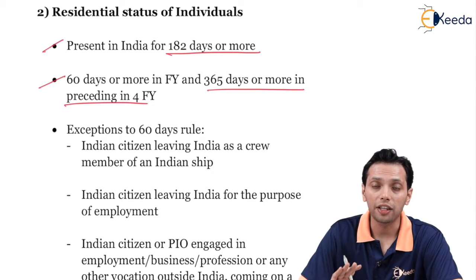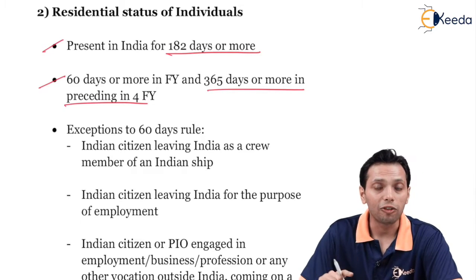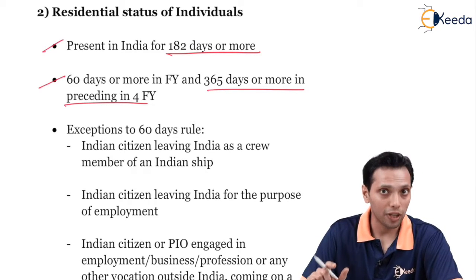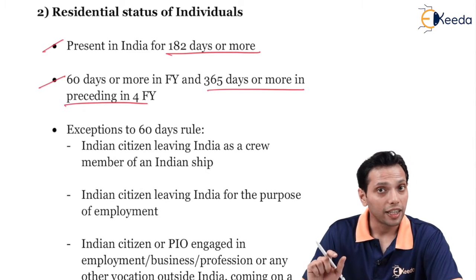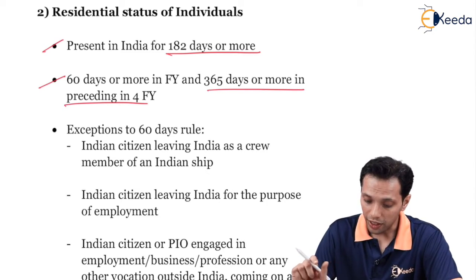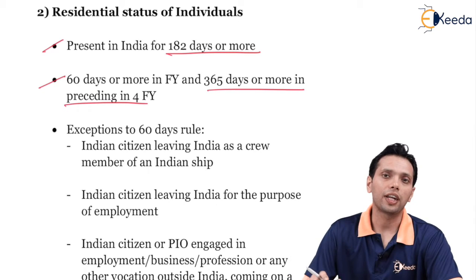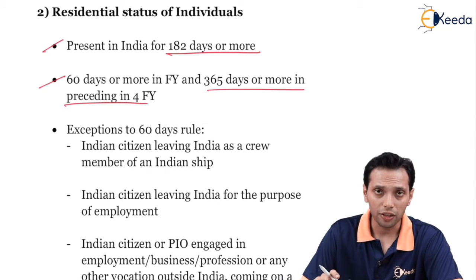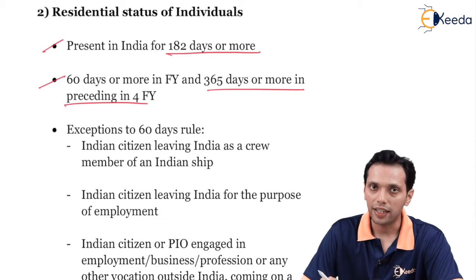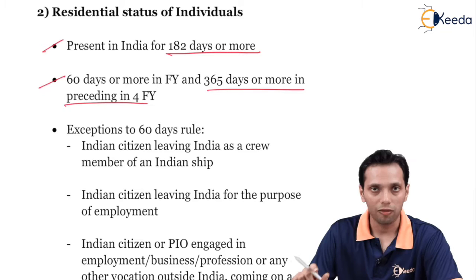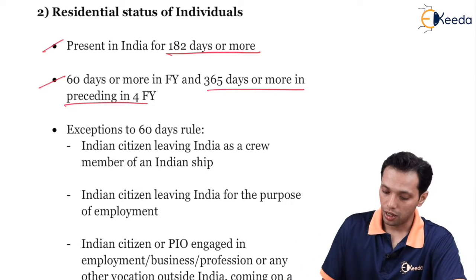The 60 days criteria will not be applicable. The 182 days criteria will be applicable. Similarly, for an Indian citizen leaving India as a crew member of an Indian ship, the 60 days criteria is not applicable. The 182 days criteria is applicable.